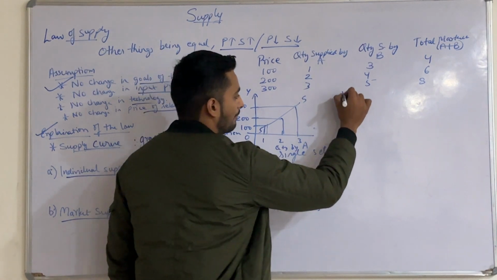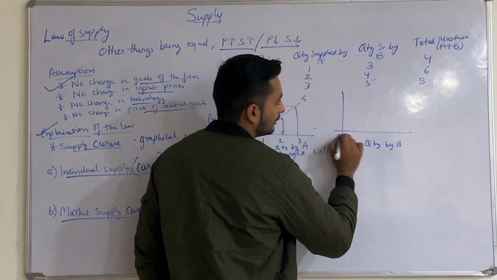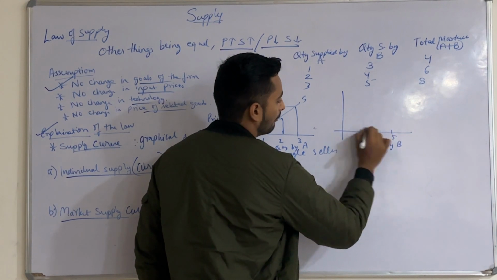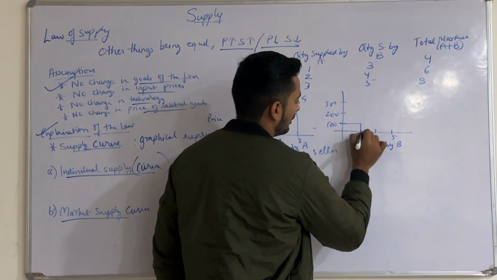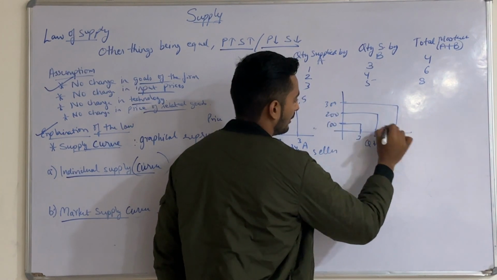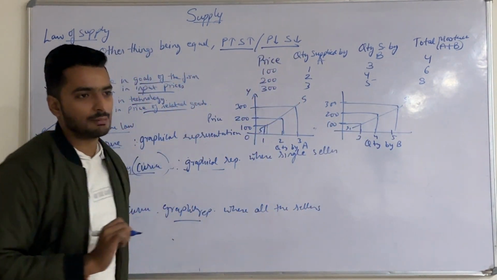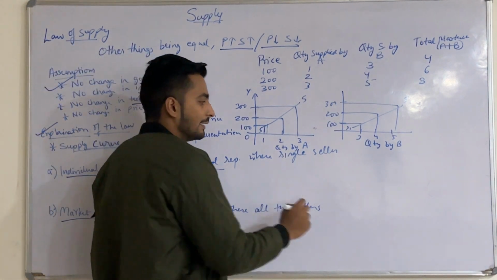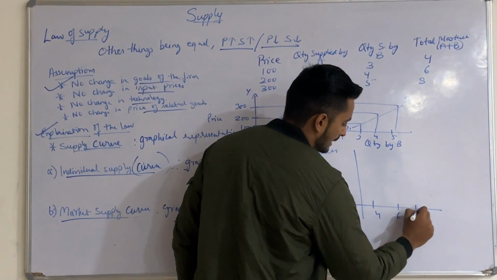In the market you will draw B also. Quantity by B: you will write 3, 4, 5 against 100, 200, 300. Again, this is your S1, showing an upward sloping supply curve by seller B. And in the total market, you will draw 4, 6, 8.